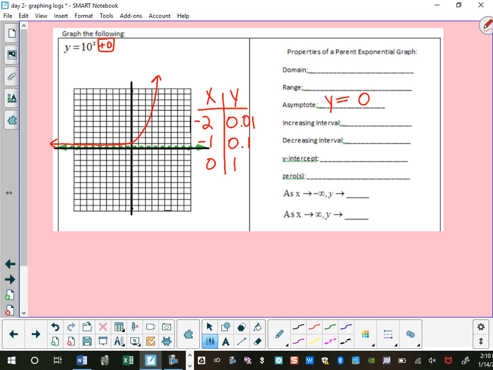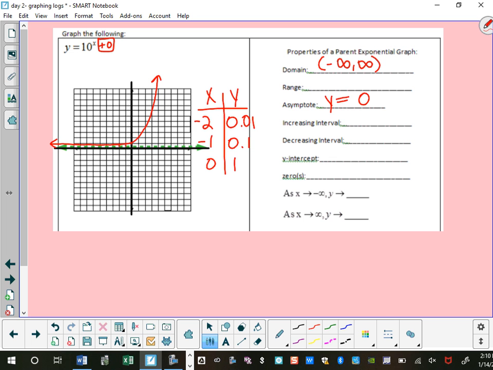Alright, so what's my domain here? How far left and right do I go? Negative infinity to positive infinity. Alright, what about my range? We start from the bottom, right? Okay, think about it like this, guys.